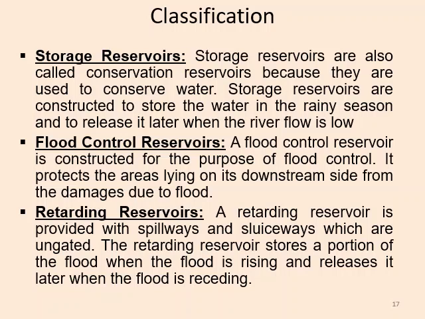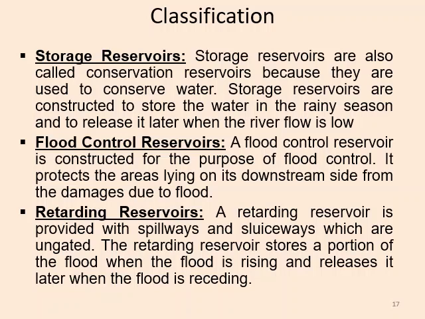Third is the retarding reservoir. It is a type which is provided with a spillway and sluiceway. Spillways and sluiceways are another type of hydraulic structure which are required to be constructed with any reservoir. It is provided with spillway and sluiceway which may be gated or ungated, with gate or without gate.